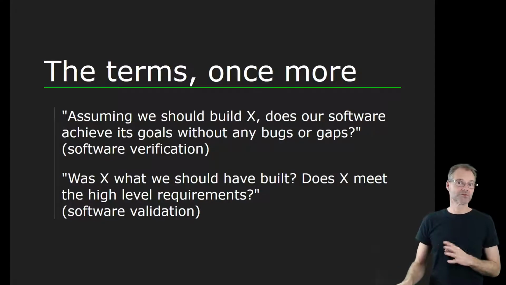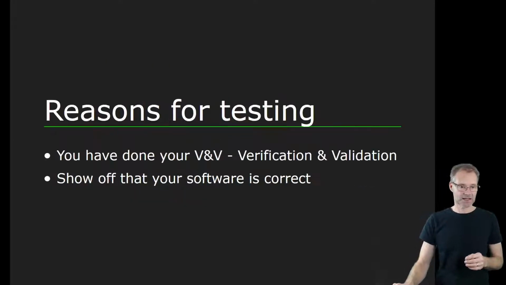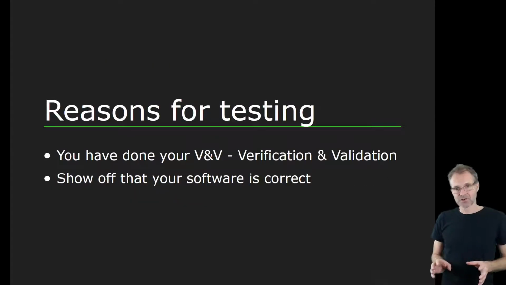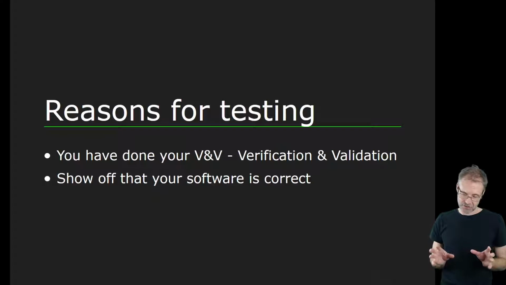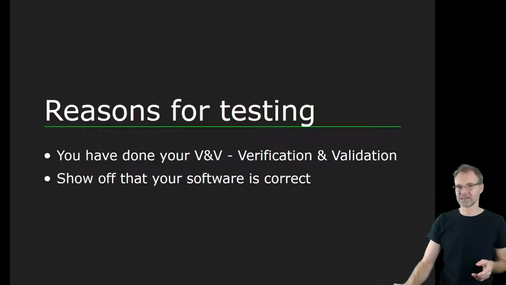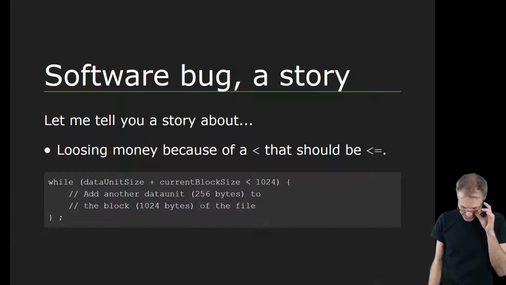Different aspects of the requirement specifications. So let's add this to our reasons to do testing. We do testing to show that we have done our verification and validation, and it helps us show that the product is correctly built and works.